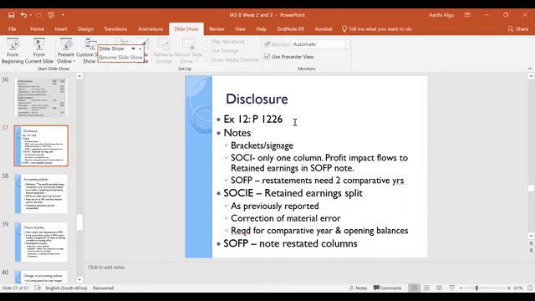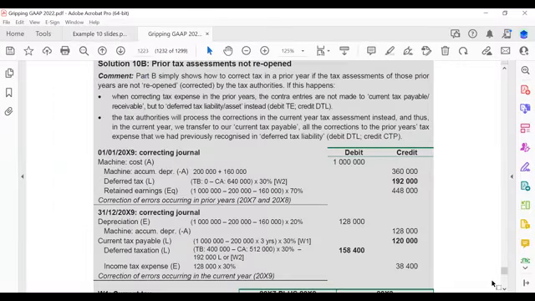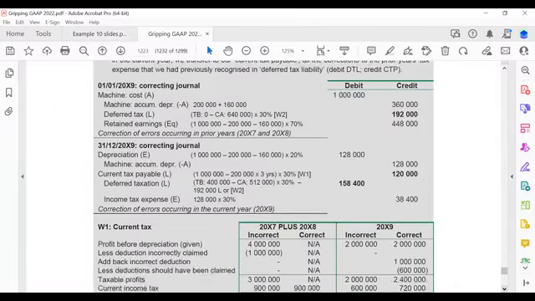So on my PowerPoint slides, you'll see I've put notes for you as to what you need to remember for disclosure purposes. If we go to example 12 then and have a look, I'm going to tell you exactly what you need to highlight in your textbooks.